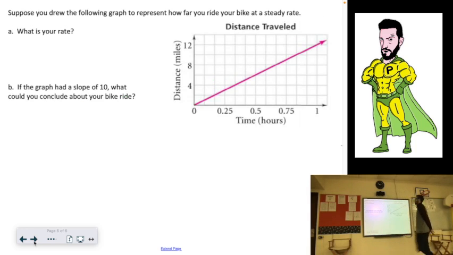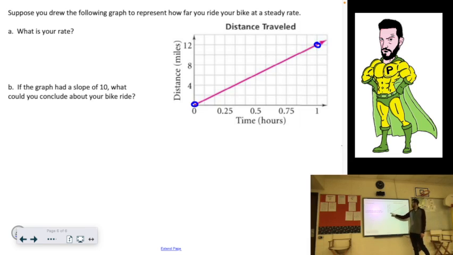Suppose you drew the following graph to represent how far you ride your bike at a steady rate. What is your rate? Remember, the rate of change, the slope, these are all interchangeable. So we find 2 little spots here where we can definitely see the points. So like 0 is usually easy, and then 1 is pretty easy too.